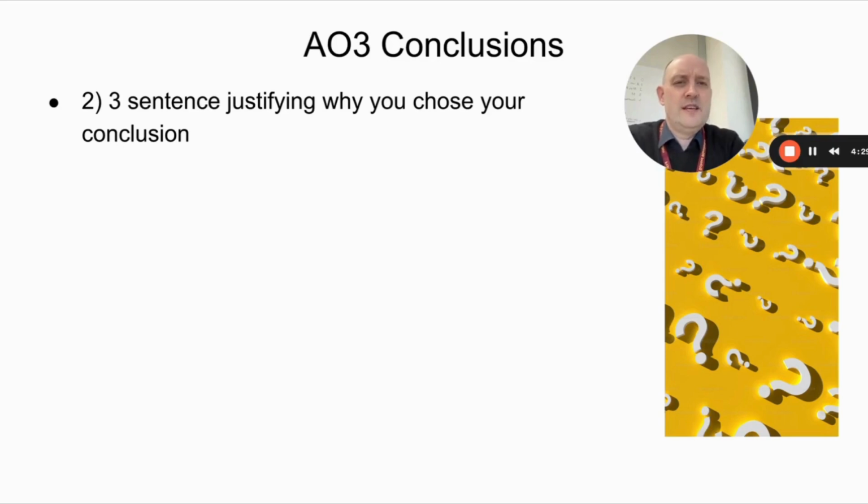Something I read a lot is I think that they should make the decision because the pros outweigh the cons, or that the cons outweigh the pros. And I read this a lot. It's not an overly good justification because we need to go into more detail. We need to have a bit more sophistication about why we're saying that the pros outweigh the cons. So here are some ideas.